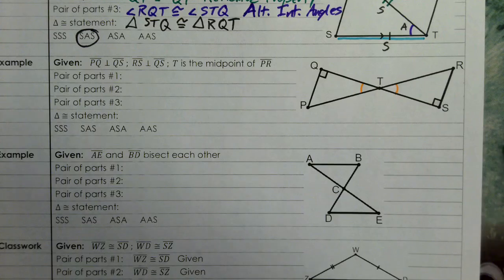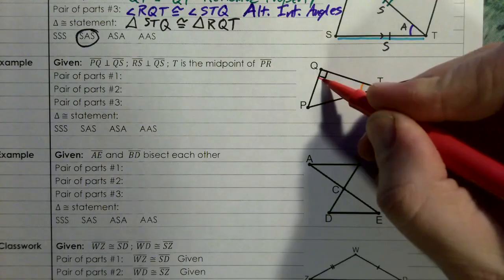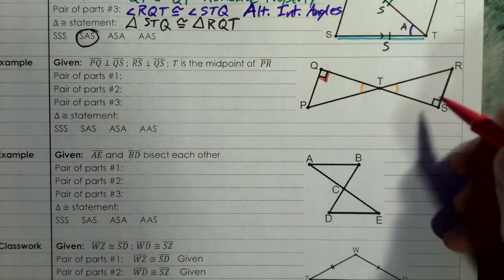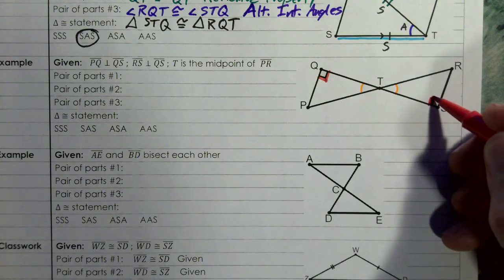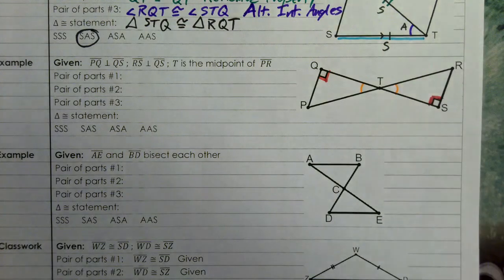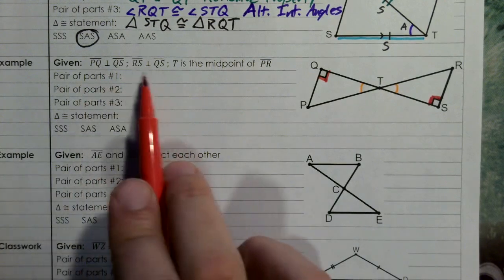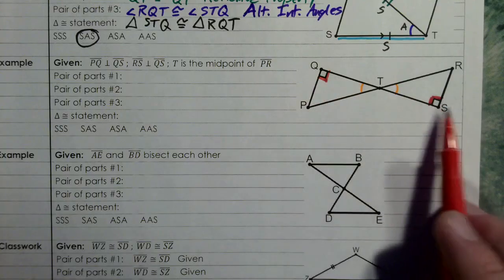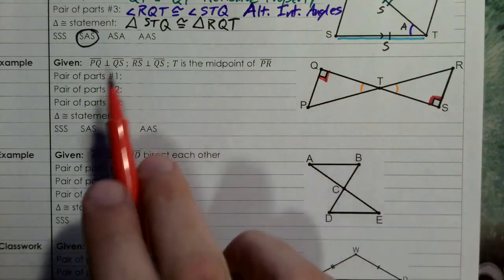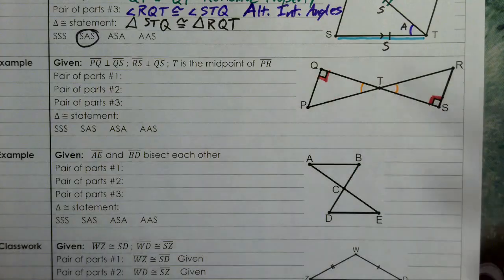The other thing that's kind of marked and kind of clear is that these are congruent. These are both right angles. And if they're both right angles, they've got to be congruent. We got that from this perpendicular thing, that these are perpendicular and these are perpendicular. But that perpendicular gave us right angles, and right angles are all congruent.